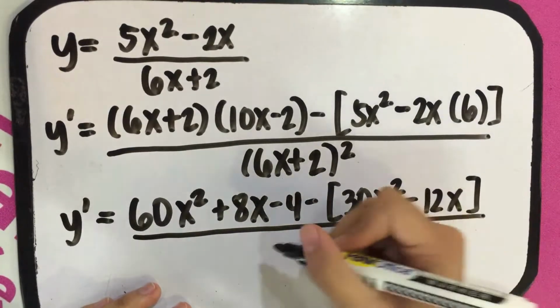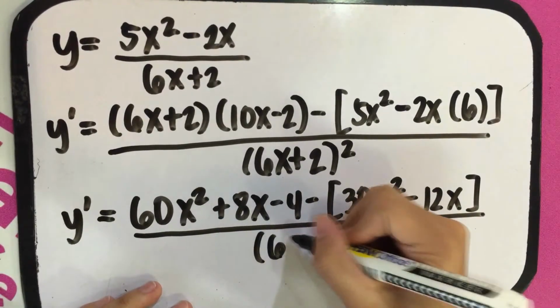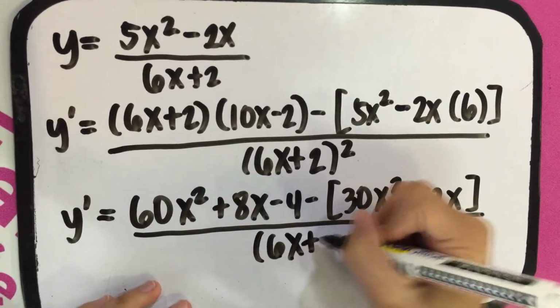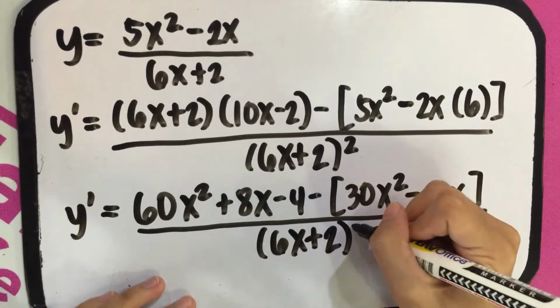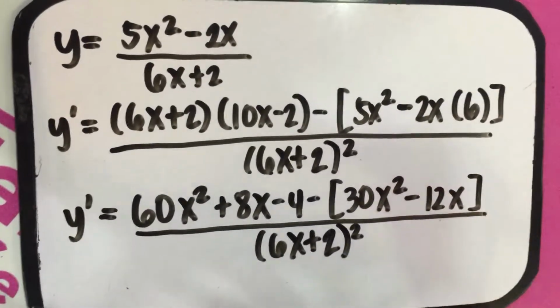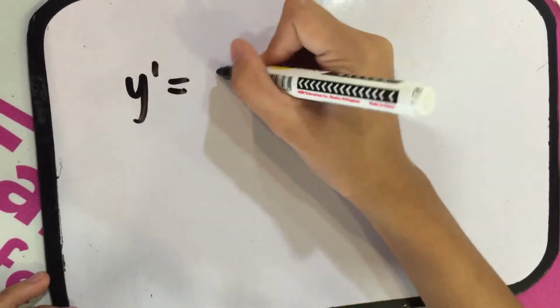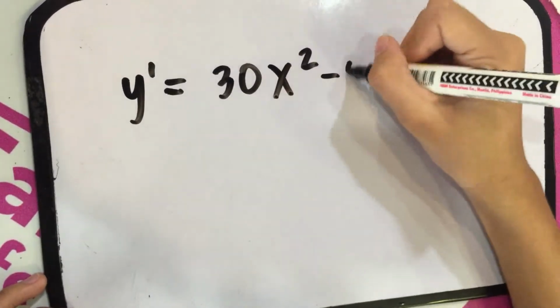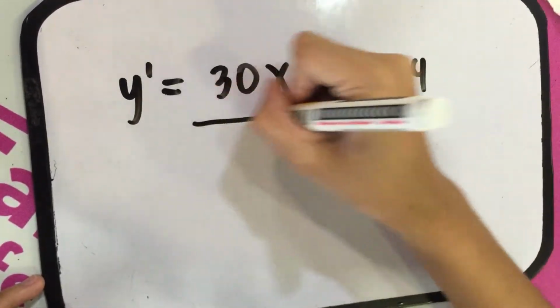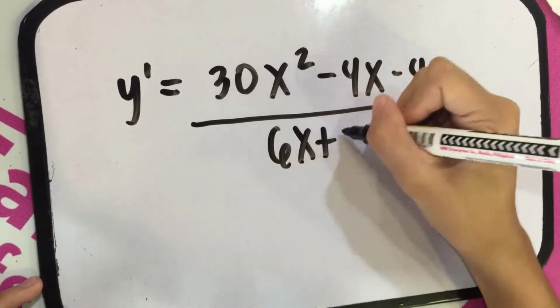So it will look like 60x squared plus 8x minus 4 minus 30x squared minus 12x over 6x plus 2 squared. The final answer will be y prime equals 30x squared minus 4x minus 4 over 6x plus 2.